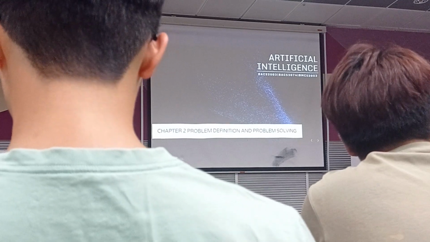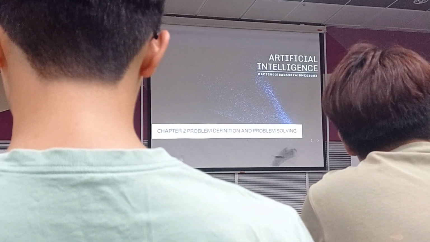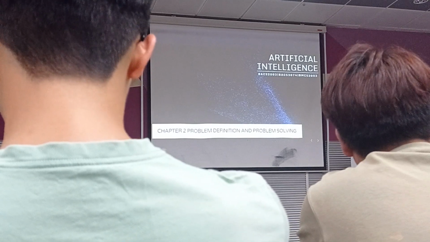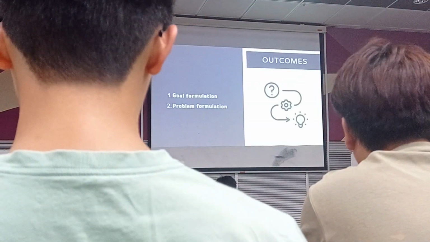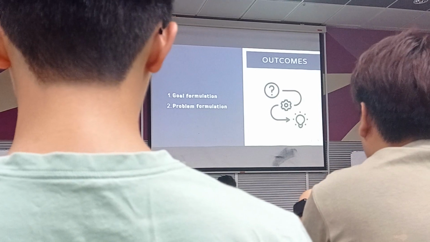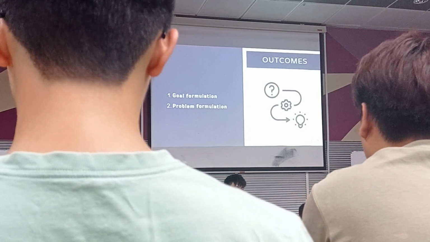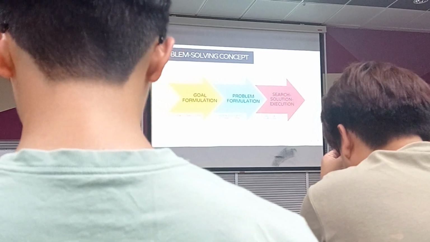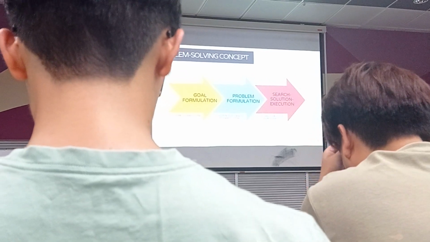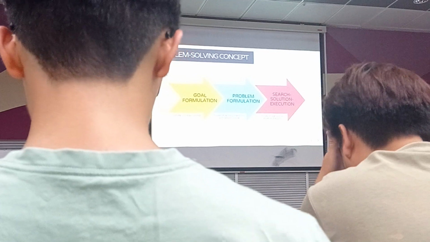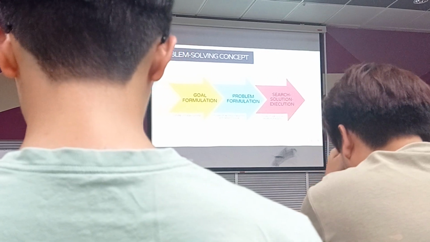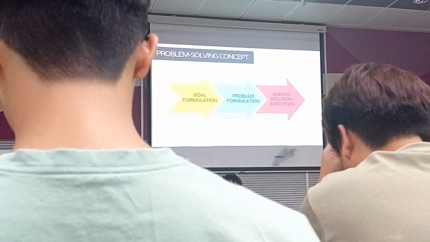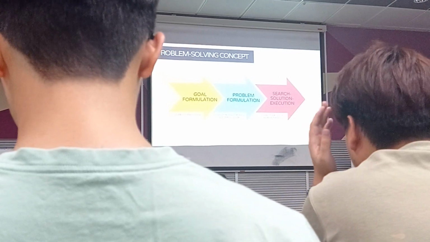We have some example exercises here. This is the learning outcome of today's lesson. You're going to formulate the goal and the problems. There are 3 important stages to find the optimal solutions for any of the search applications. The first one is you have to formulate the goal. You have to identify your destinations, your abstractions, your optimal solutions.